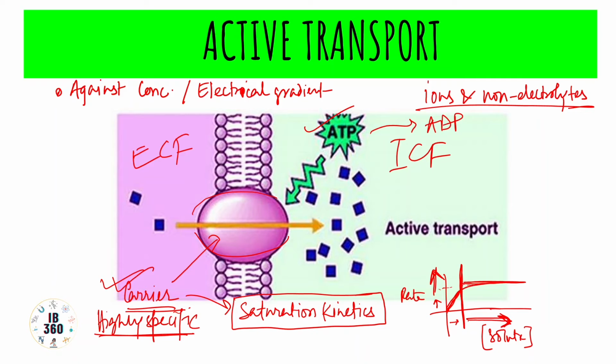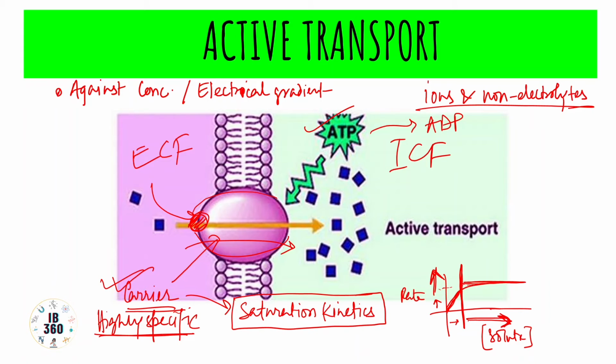So as the solute particle is binding to the carrier protein, the ATP is also binding. The carrier protein undergoes certain conformational changes, which ultimately results in some kind of flip-flop movement, and that delivers the solute, it may be ion, it may be molecule, from ECF to ICF, and in the process ATP gets dephosphorylated.